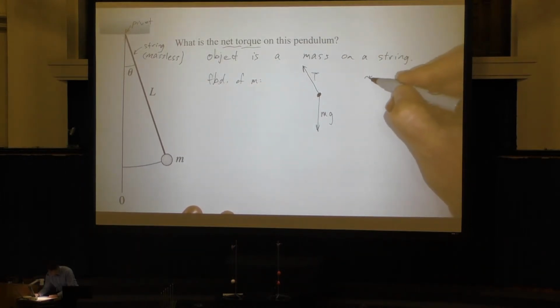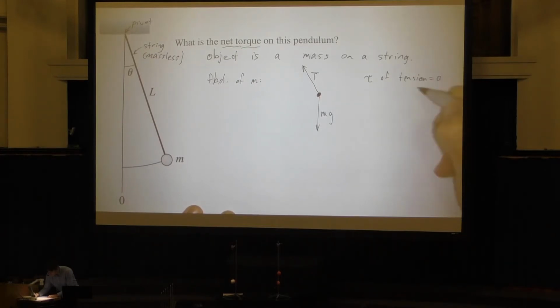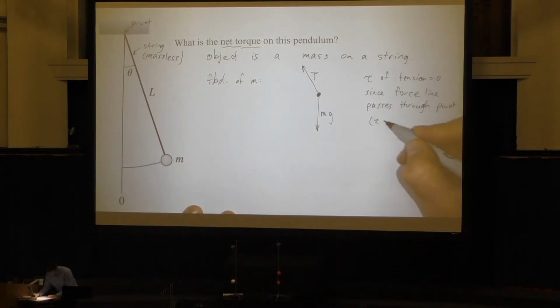So the torque of the tension is equal to 0 since the force line passes through the pivot. Does that make sense? This has got a 0 lever arm.